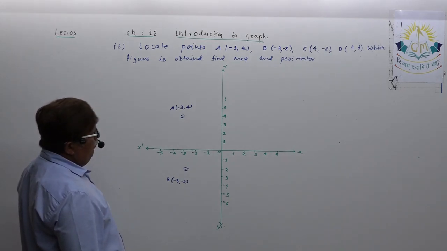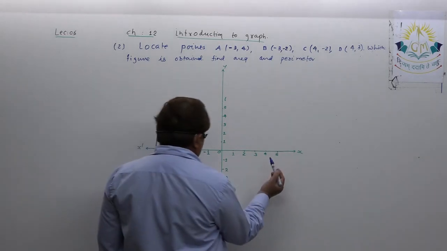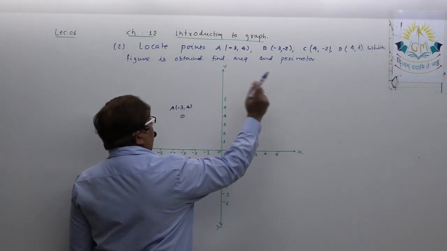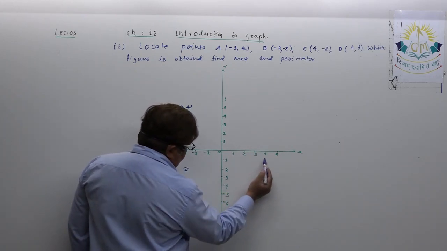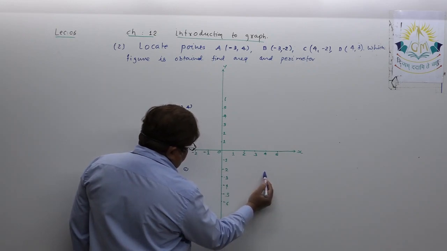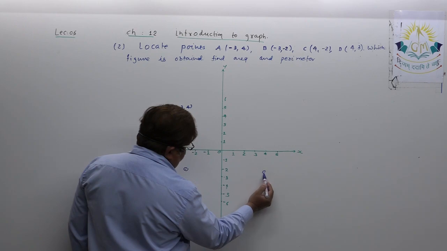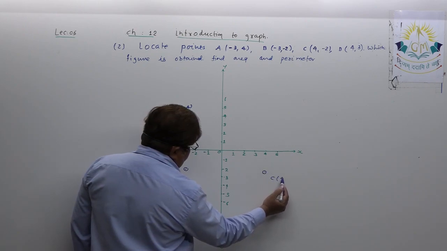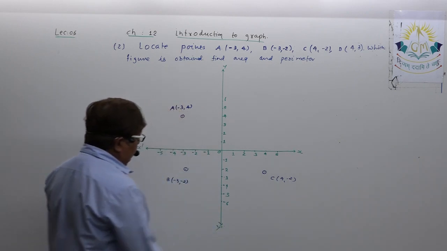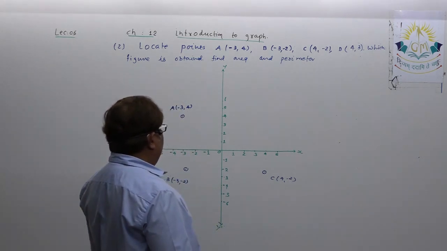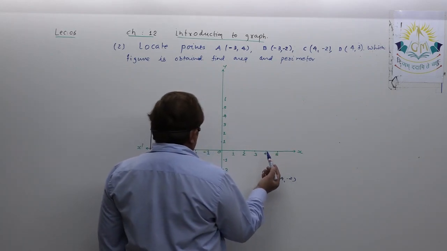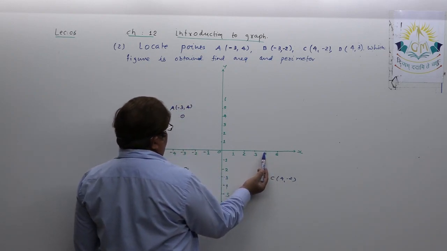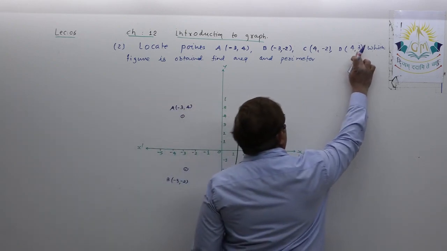Just locate with me. Then C 4 comma minus 2, x coordinate 4, y coordinate minus 2. So we got the third point, 4 minus 2. Then the fourth point, D. Dear student, make a little change here.